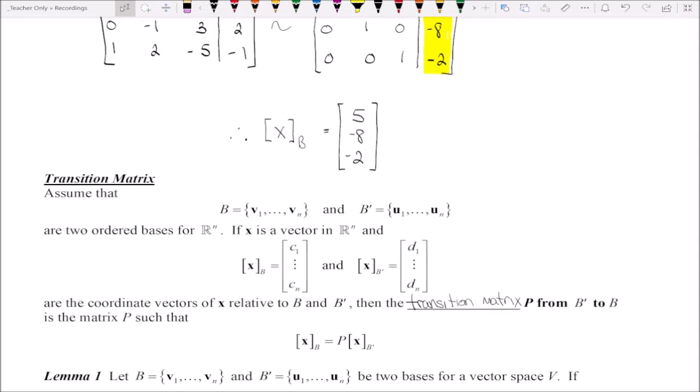Finding this actual transition matrix is what this lemma is going to help us do.